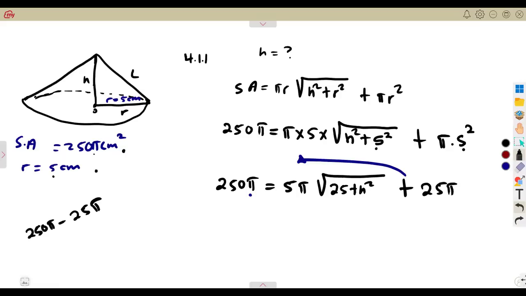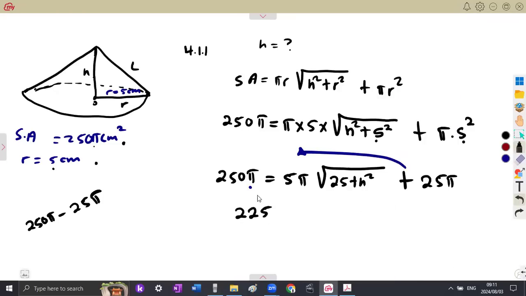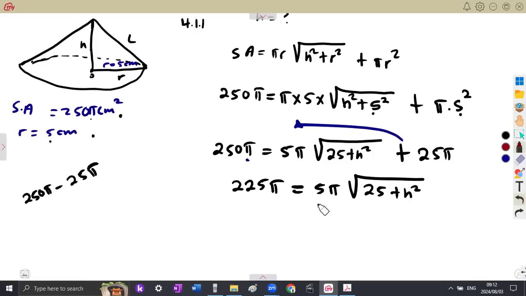250 minus 25 will give us 225 pi. So this is equal to 5 pi, the square root of h squared plus 25, which is the same as 25 plus h squared. We can divide both sides by 5 pi.